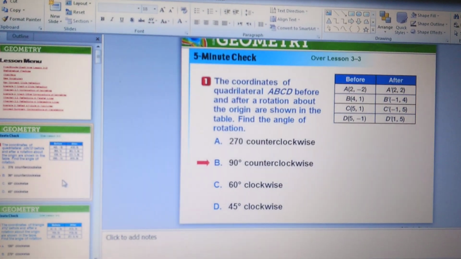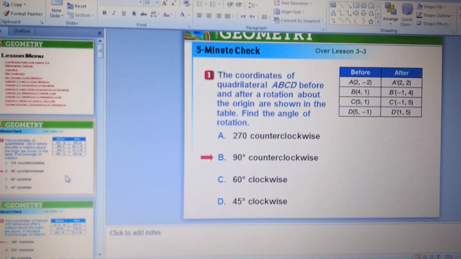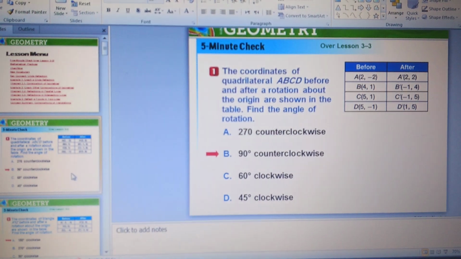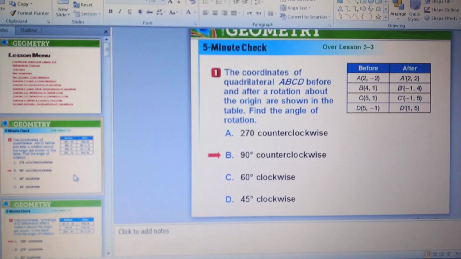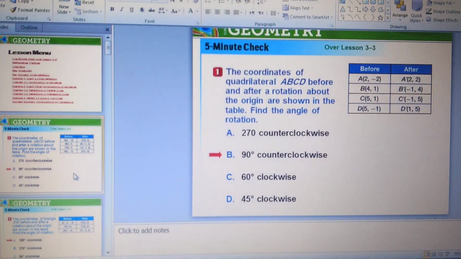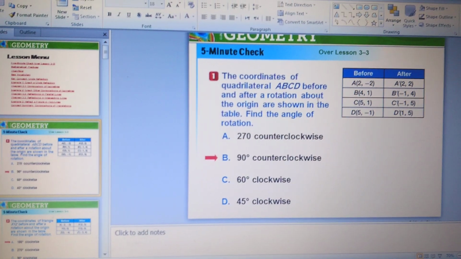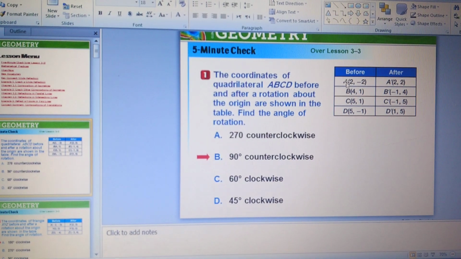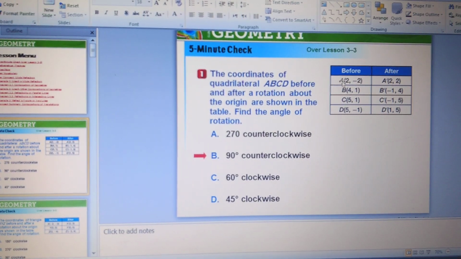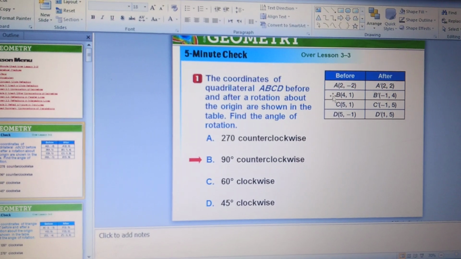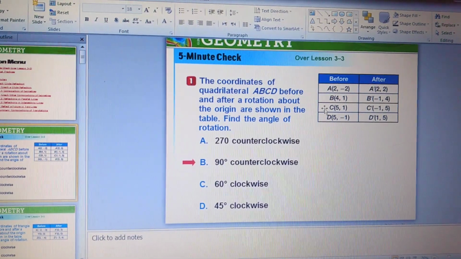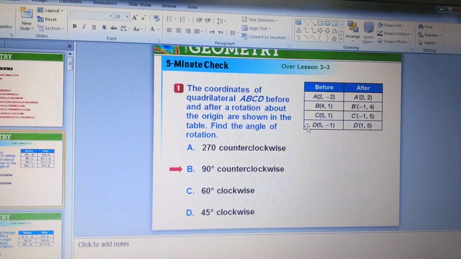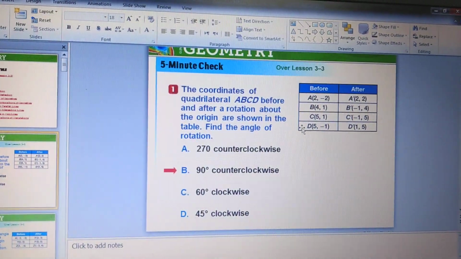For example, here the coordinates of quadrilateral ABCD before and after a rotation about the origin are shown in the table. Find the angle of rotation. Of course, if you compare the points, A (-2, 2)... A' (2, ...), B (4, 1), B' (-1, 4), C (5, 1), C' (-1, 5), D (5, -1), D' (1, 5).